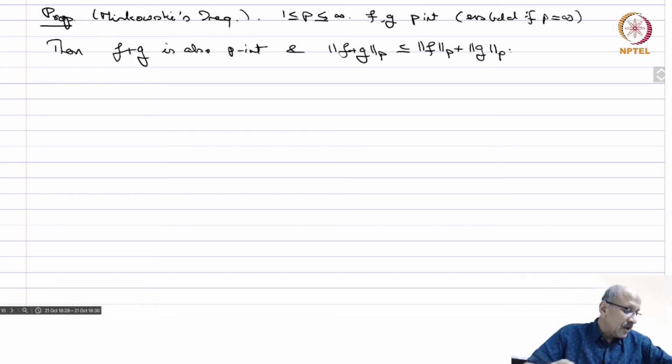Okay, so this is the triangle inequality which we proved for vectors. So now we are proving it for functions.